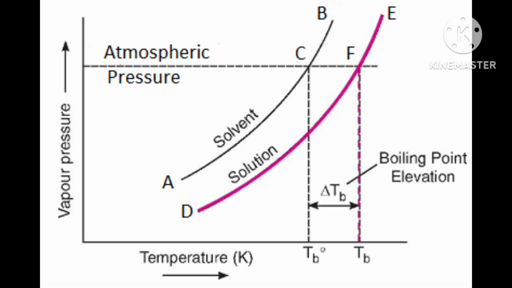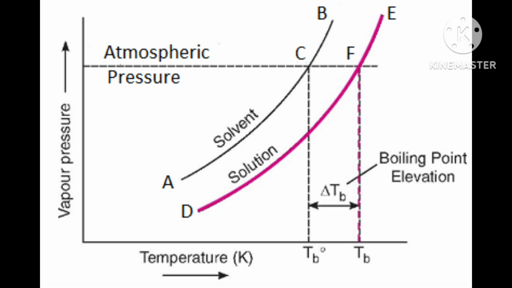This concept I have discussed in earlier classes. Now here the relative lowering of vapor pressure is equal to N2 divided by N1. Now you can use mathematics here.